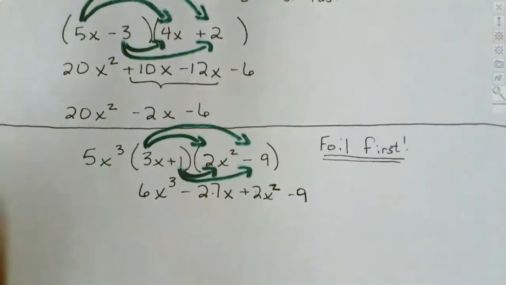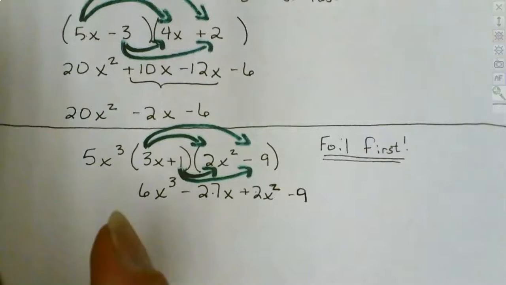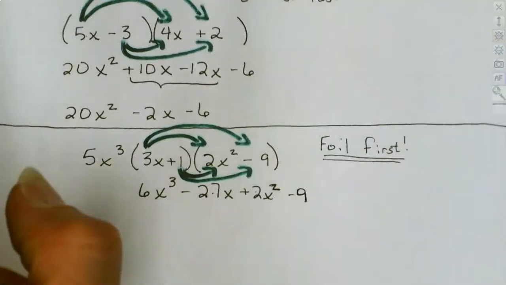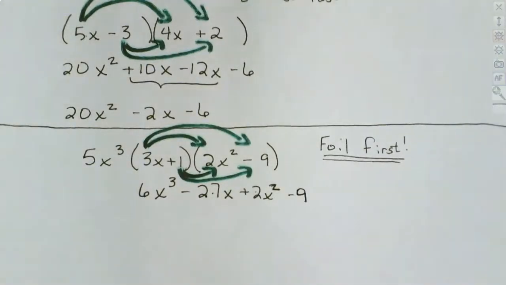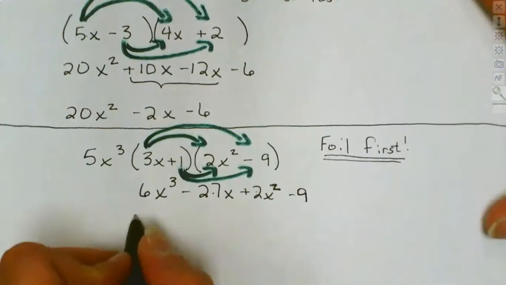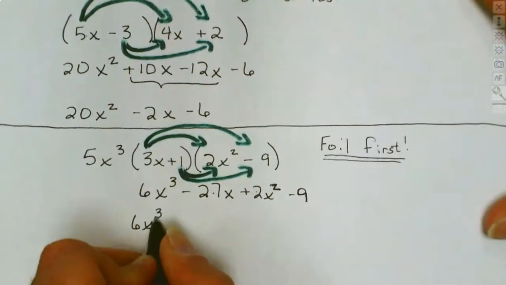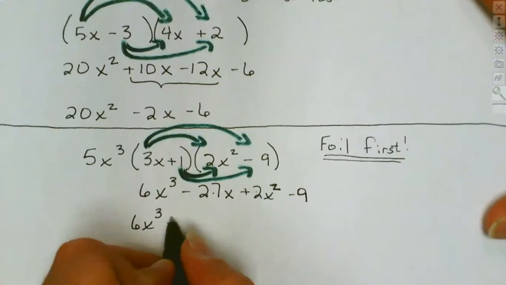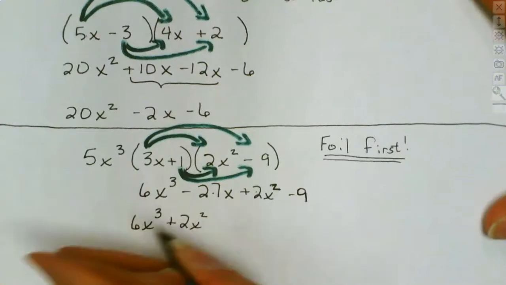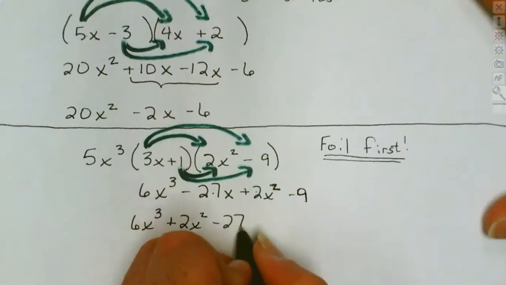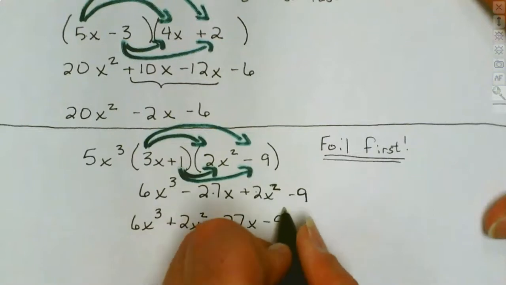Now, when I rewrite this, I'm going to rewrite it in the highest power of x first going down. So we always write that in descending order. So let's rewrite this in descending order as 6x cubed, 2x squared, minus 27x minus 9.